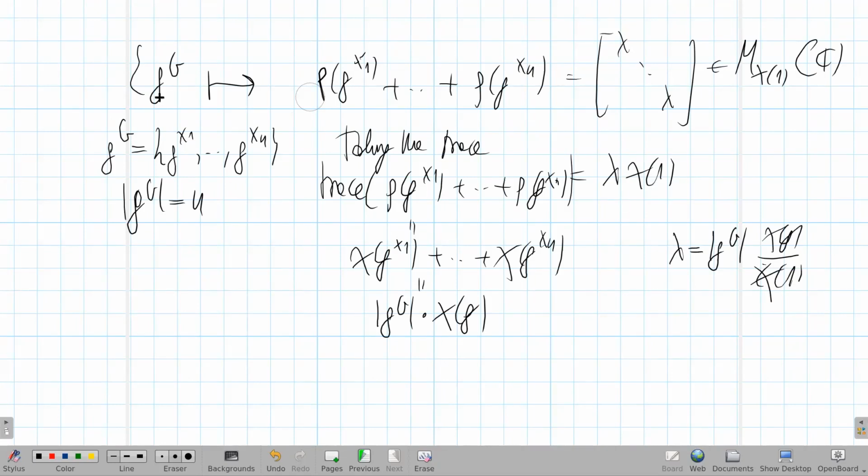I write this down, but let me first state it in words. This is integral. It means it is a root of a monic polynomial with integer coefficients. But then, of course, when you apply a morphism, this is also integral. So this matrix is the root of a polynomial, a monic polynomial with integer coefficients.